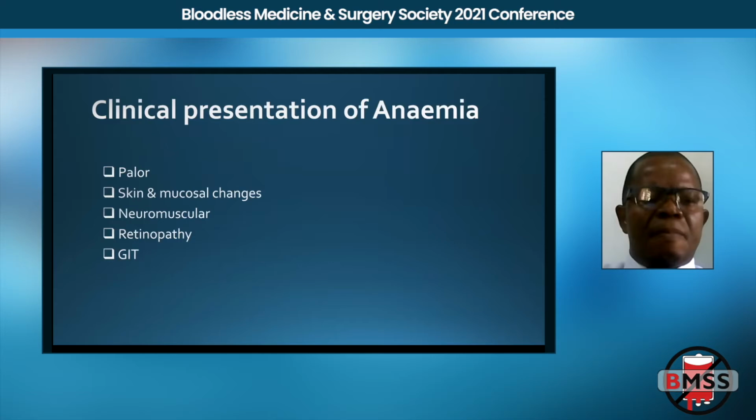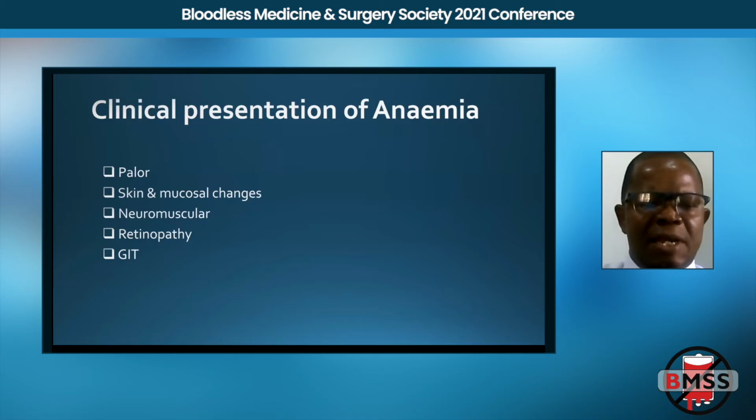It is customary to look at the mucosal membranes in children and in adults. Suffice to say that that does not give us a fair idea of the hemoglobin or even blood volume of the patient at the time we're examining the patient, because the pallor is starved of blood because of regional redistribution that takes place.